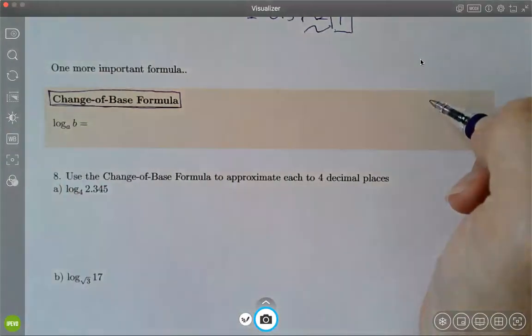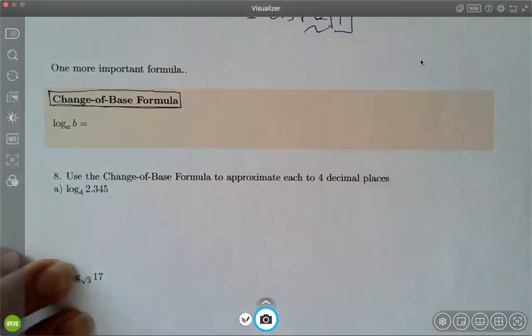All they had was their brains, hands, and eyes. So at that time, in the early stages of log, people had the common logs and then the natural logs. There were no other base logs. So they questioned themselves, can we express any base log in terms of common log and natural logs? And then they came up with this formula.